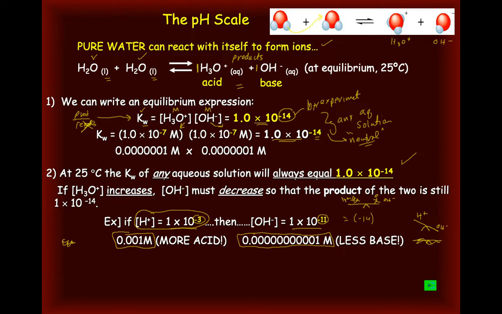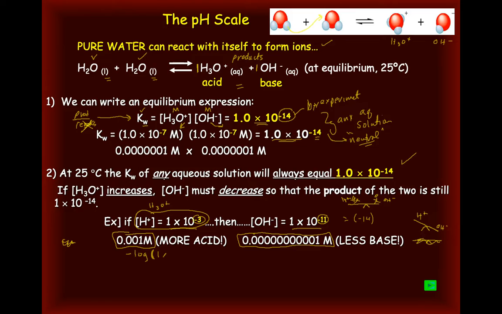Now this could also be H3O plus. Remember, we have two words for the same thing. And what we're going to do is find the negative log of this. So if you were to take your calculator out and hit the negative button and then the log button, and then open up the parentheses if you have a TI-83 or whatever calculator, and then put 1 times 10 to the minus 3 in here.